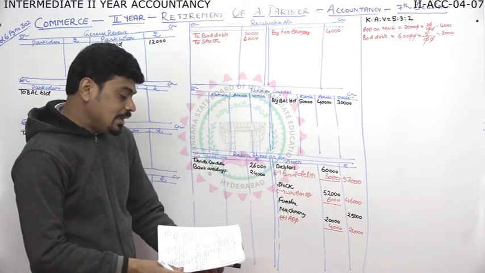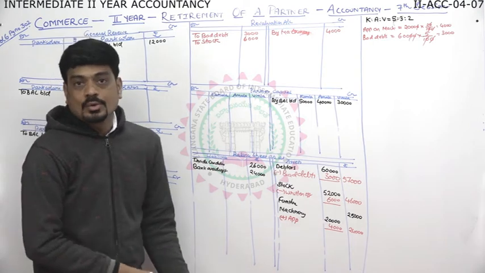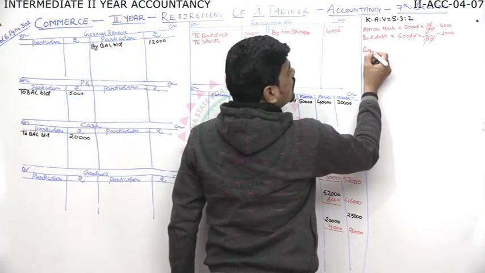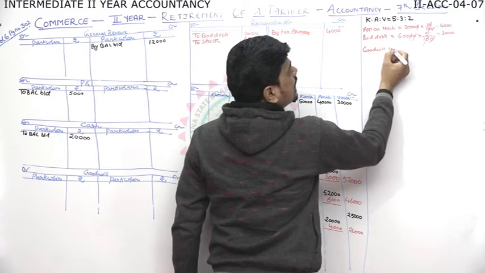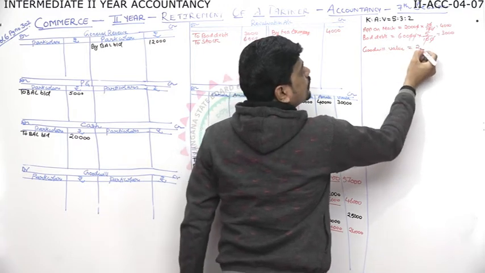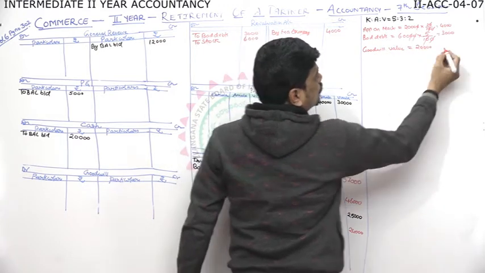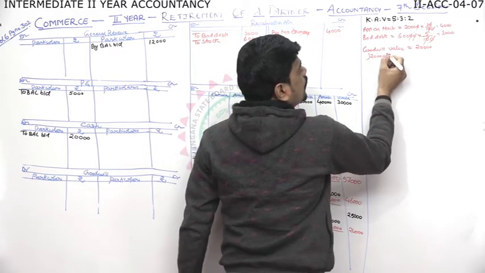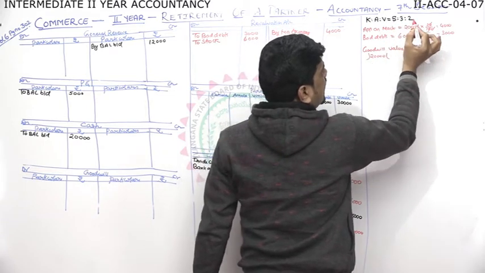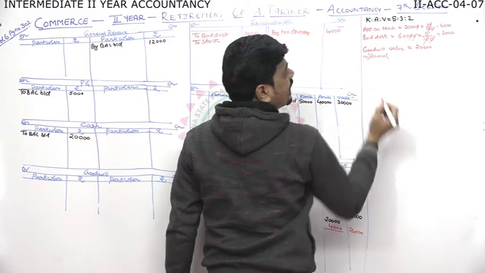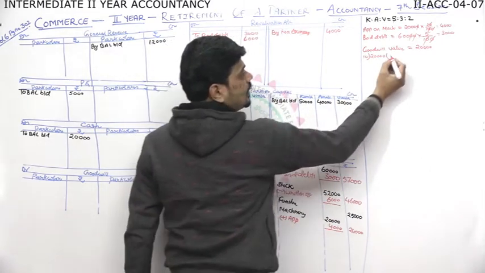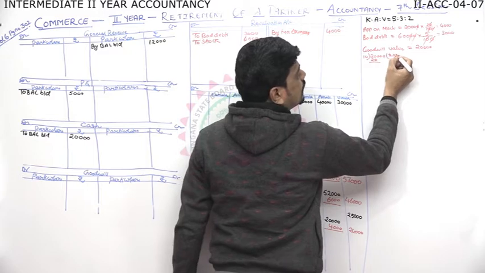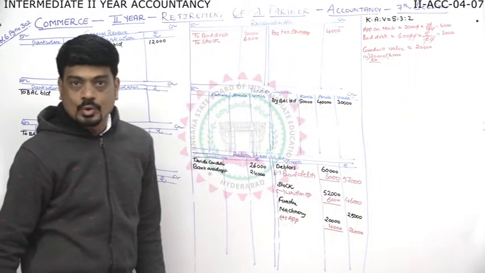Then goodwill of the firm is valued at 20,000. They told goodwill is valued. So as it is, again we'll do goodwill. Goodwill valued. How much they told? 20,000. I am finding out the value of 20,000. How much will I divide? 5 plus 3, 8, 8 plus 2, 10. So I'll divide by 10. 10 2s are 20. 2,000 is the quotient.